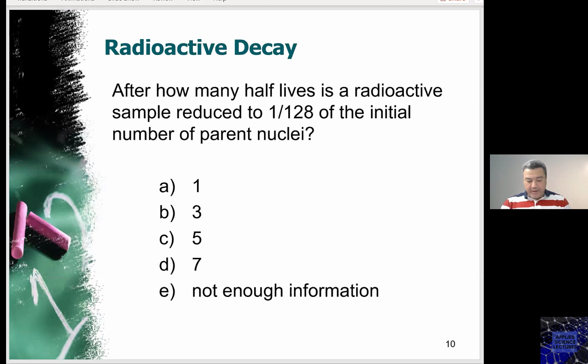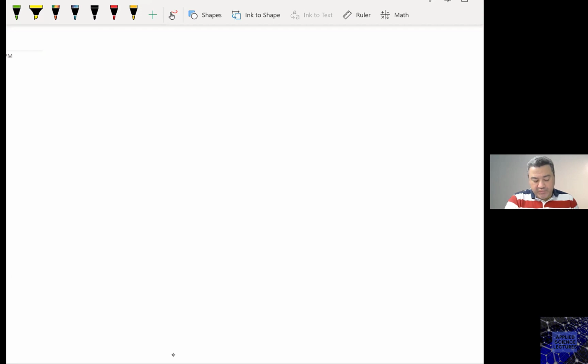Okay, next example, radioactive decay. After how many half-lives is a radioactive sample reduced to 1 over 128 of the initial number of parent nuclei? We know the equation for the nuclei number equals N naught e to the power minus lambda t.